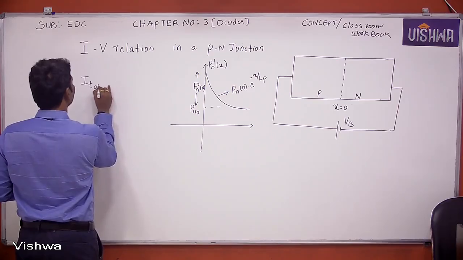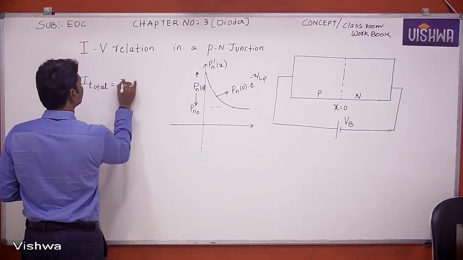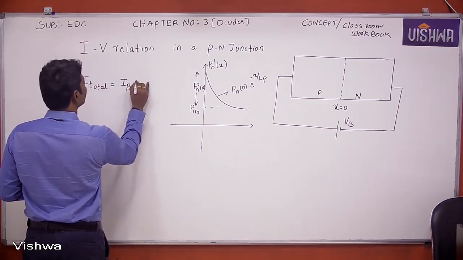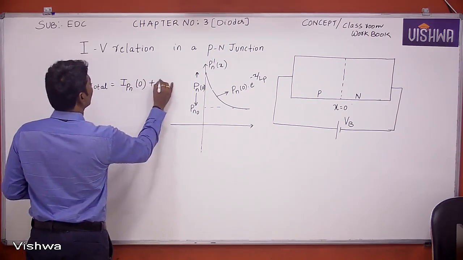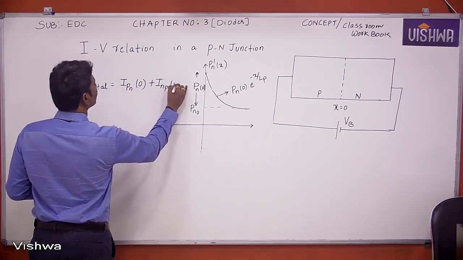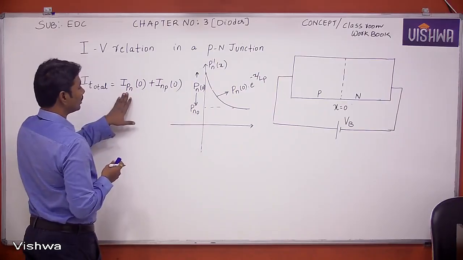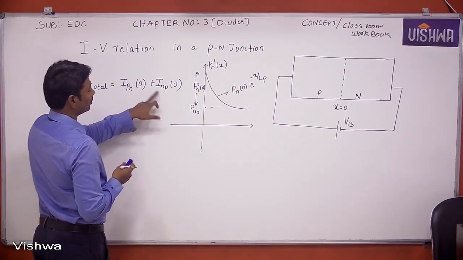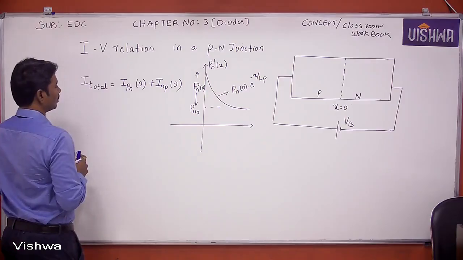I total is equal to IPN of 0 and INP of 0. So this is the hole current and this is the electron current. These two are diffusion currents at the junction.